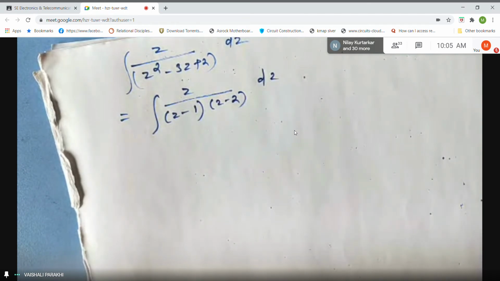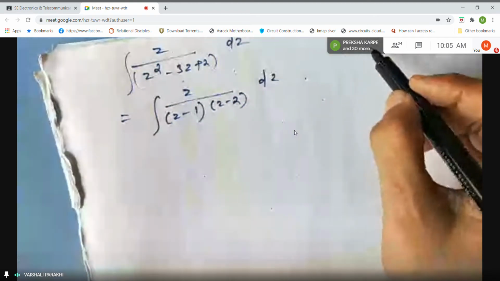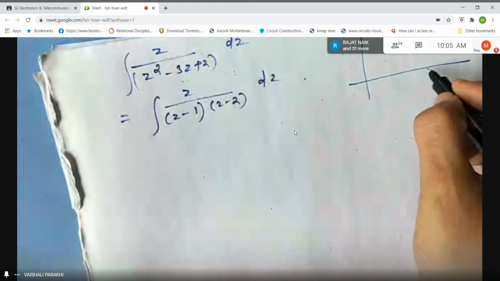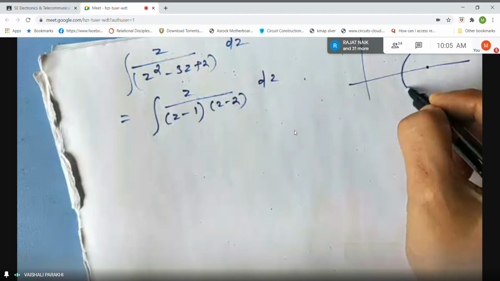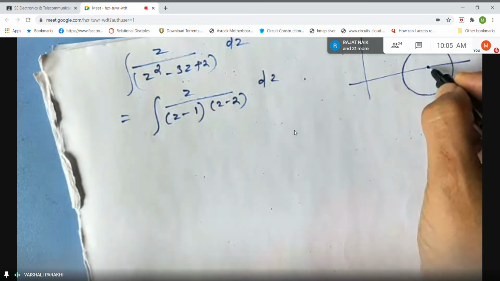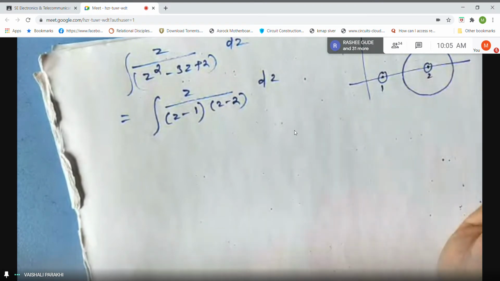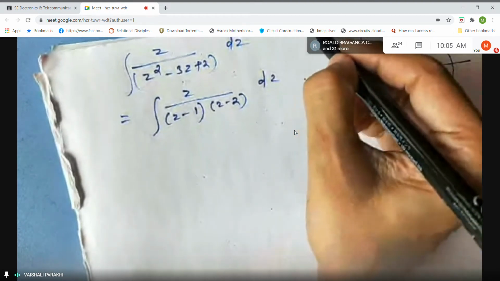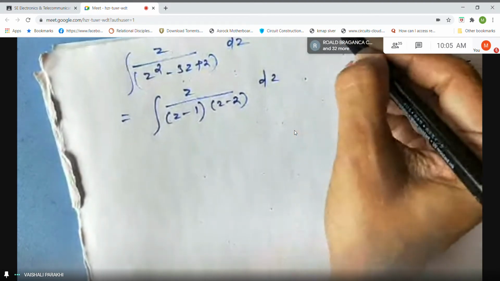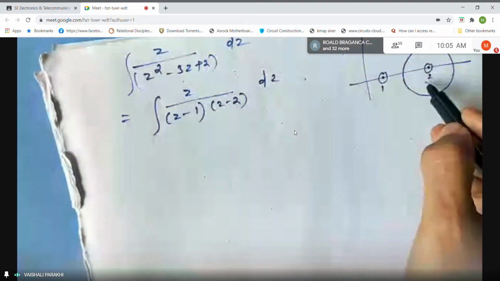I know that z is equal to 2 is inside, because if I draw the diagram again, it is like this, right? This is my point (2, 0), and somewhere here I have (1, 0). So out of z is equal to 1 and z is equal to 2, z is equal to 2 is inside the circle.